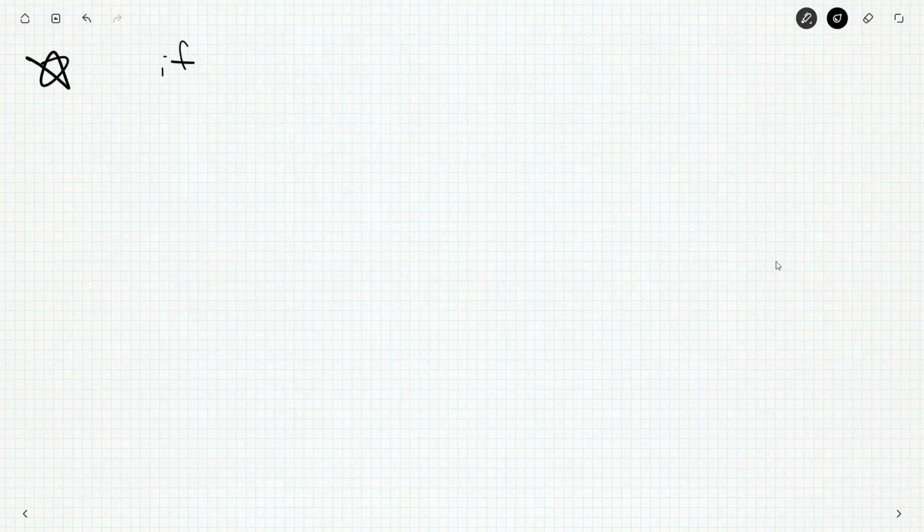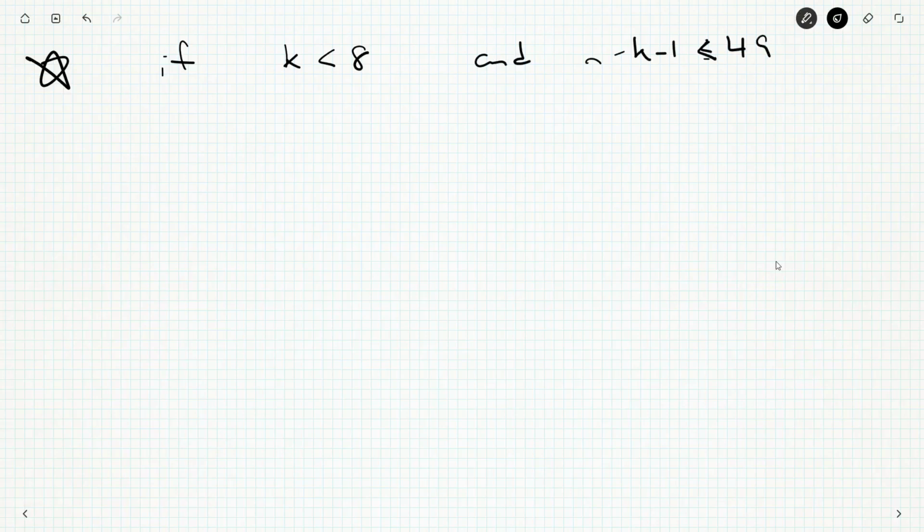So if k is less than 8, then anytime we have this situation, which happened, I think, twice in our proof. So actually k has to be less than 6.